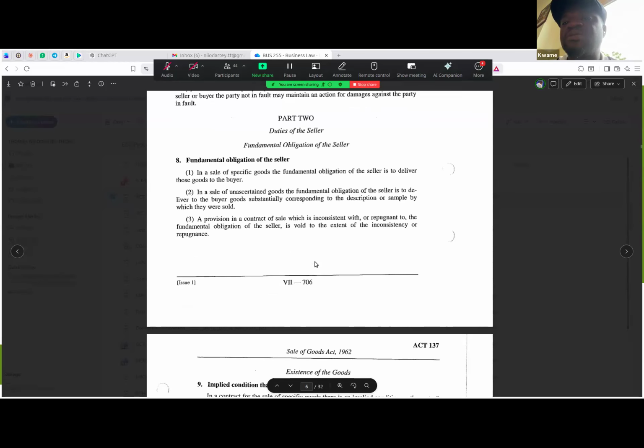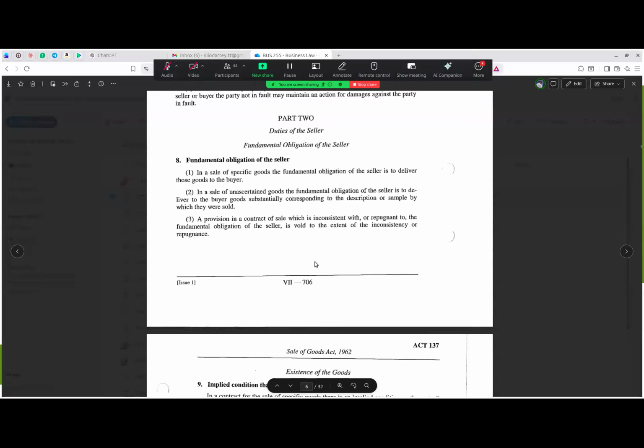So Alfreda, let's go. Fundamental obligation of the seller. 1. In a sale of specific goods, the fundamental obligation of the seller is to deliver those goods to the buyer. 2.